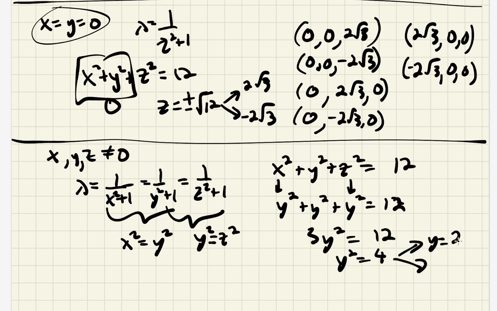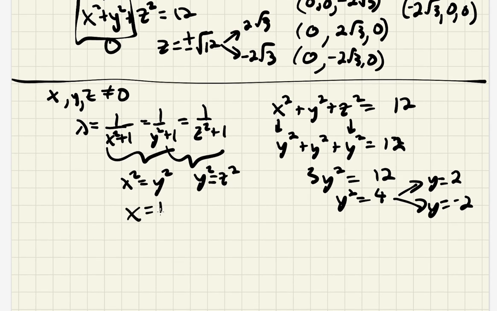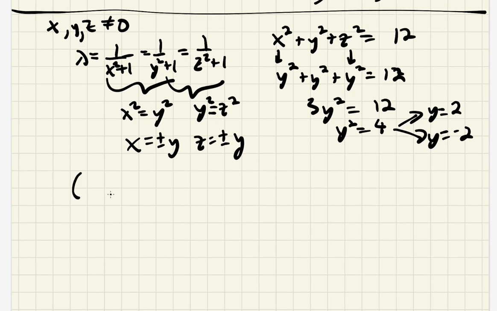So y could be 2, or y could be minus 2. And then x would be plus or minus that. Z would be plus or minus that. And so that leads to 8 different points. If y is 2, z could be 2, and x could be 2.